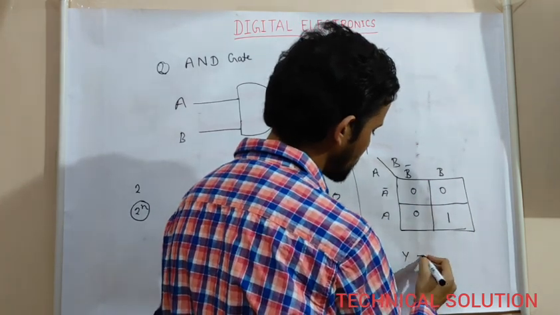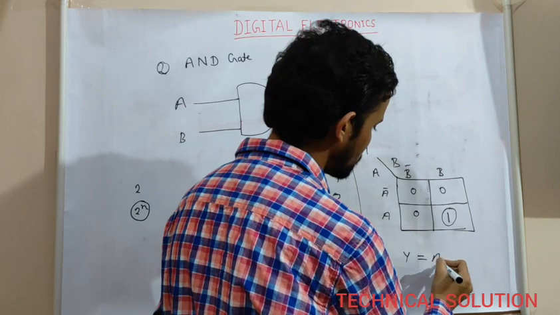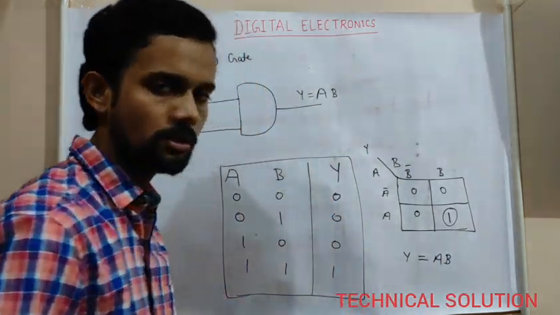Then we get output Y equal to AB. This is all about AND gate.